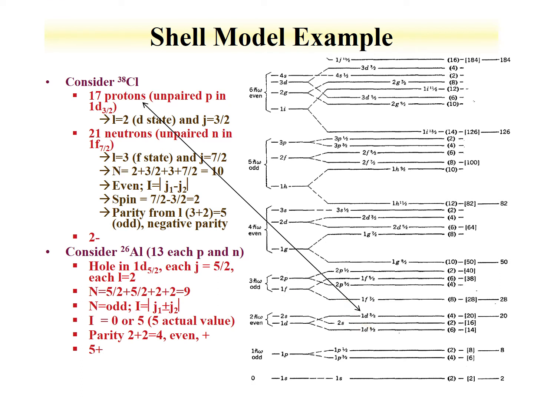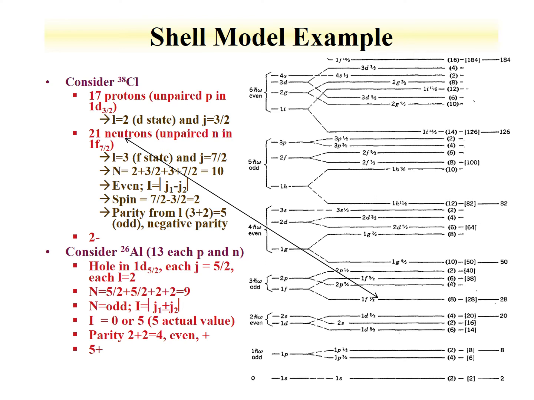S being 0, P being 1, D being 2. And J, the spin, is 3/2. The 21st neutron, there's 20, 21, is here in the 1f 7/2 state. So L is 3 for the F state, J is 7/2.